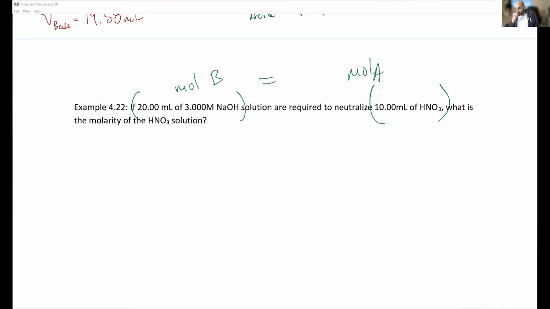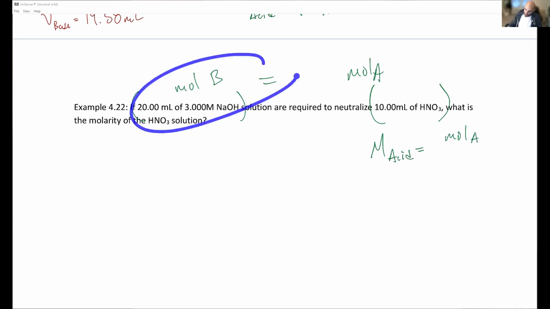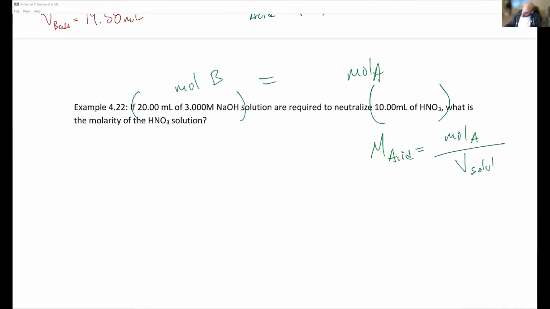So ultimately the molarity of my acid in this case is equal to moles of acid, which is going to come from this calculation, all divided by volume of the solution. And the volume of the solution is right there.